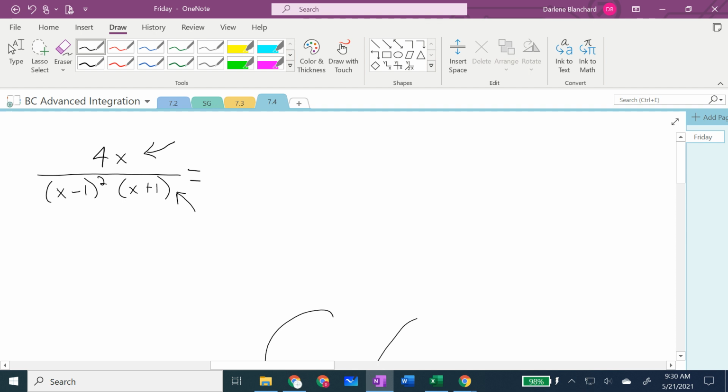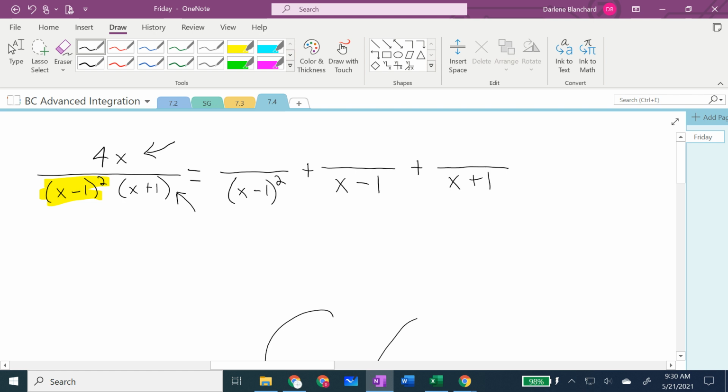And what I want to notice is I have this repeated factor. And with that repeated factor, that creates a possibility of a denominator of an x minus 1 quantity squared. I could have also had a denominator of an x minus 1 and a denominator of an x plus 1.